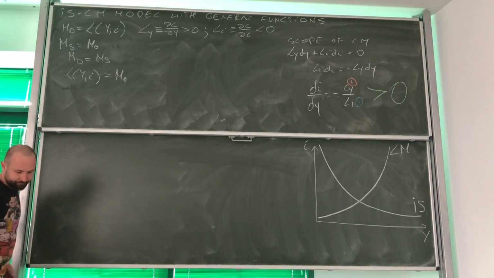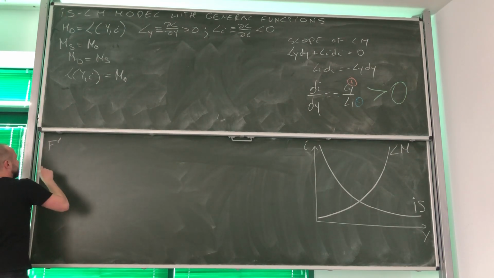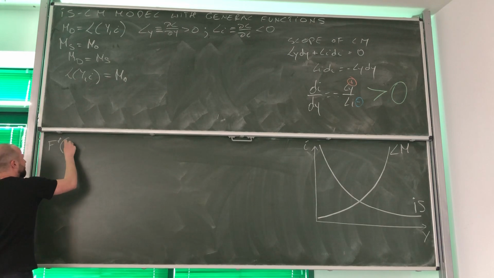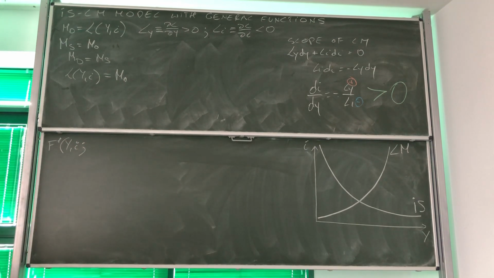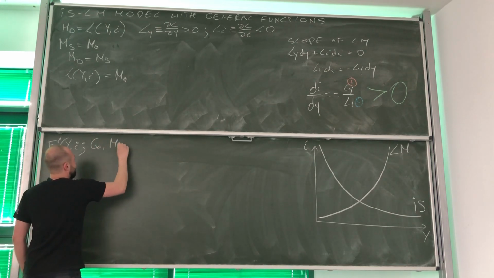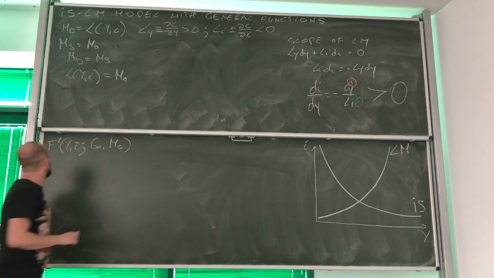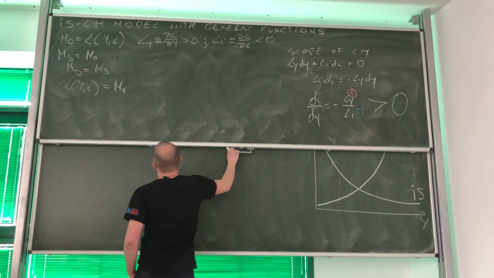So, first, we need to set up function 1 that is going to be a function of income and interest rate as endogenous variables and government spending and money supply as our only two exogenous variables.